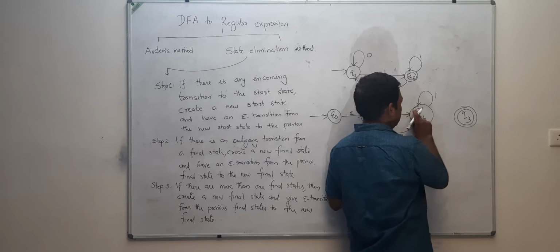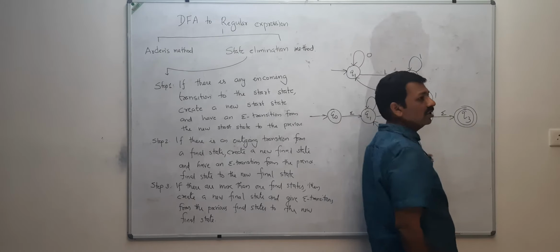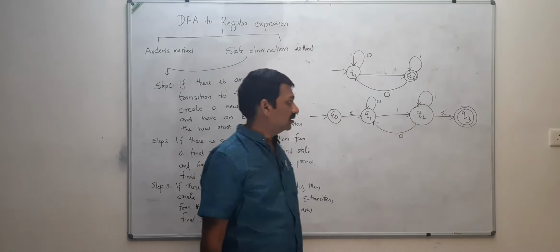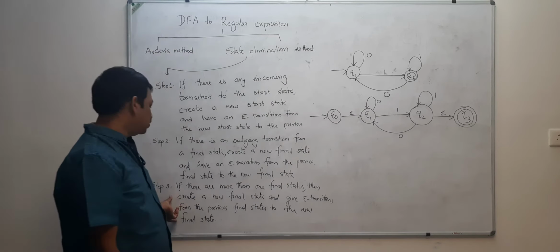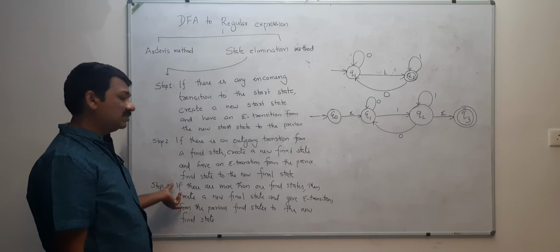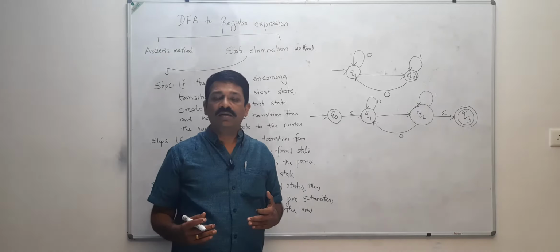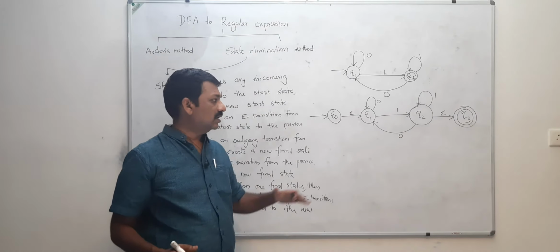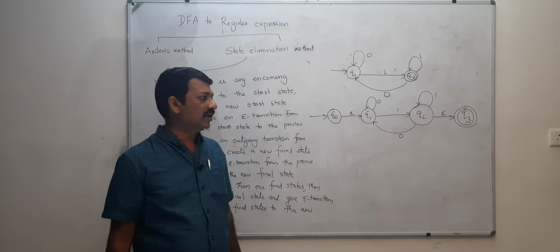Make Q2 a non-final state and have an epsilon transition to the new final state. That means that step is also over, and step 3 is not applicable to us. Step 3 is applicable if there is more than one final state; in this case we don't have more than one final state.